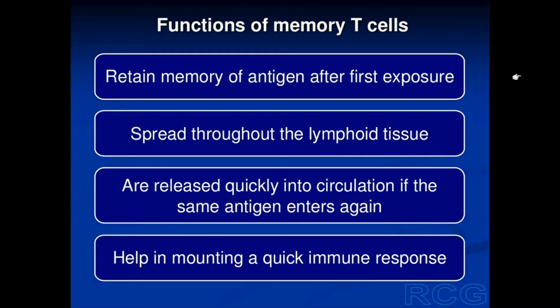Some of the functions of the memory T cells: they retain the memory of antigens after the first exposure, spread throughout the lymphoid tissue, and are released quickly into the circulation if the same antigens enter again.